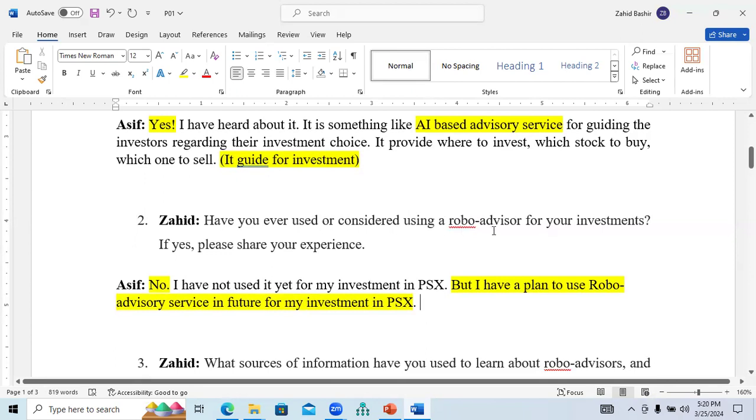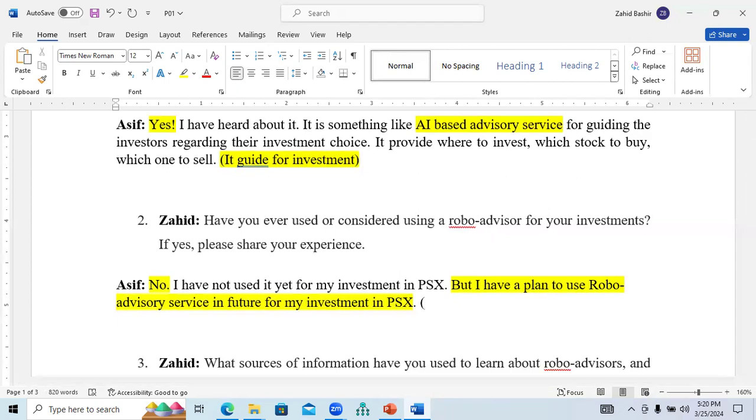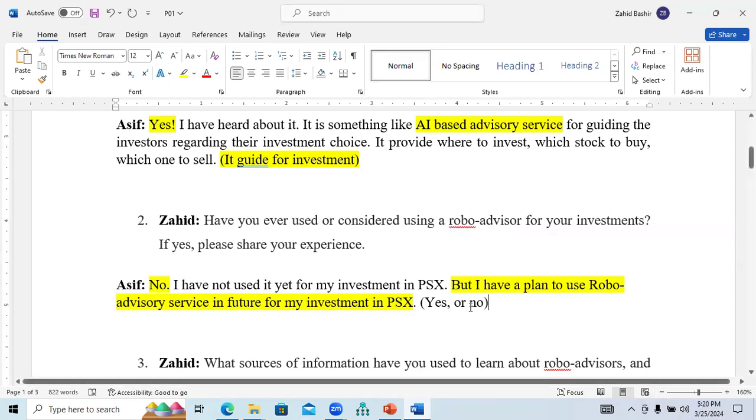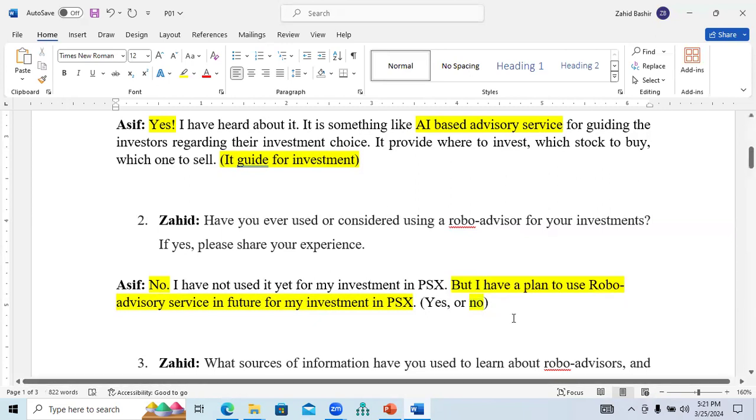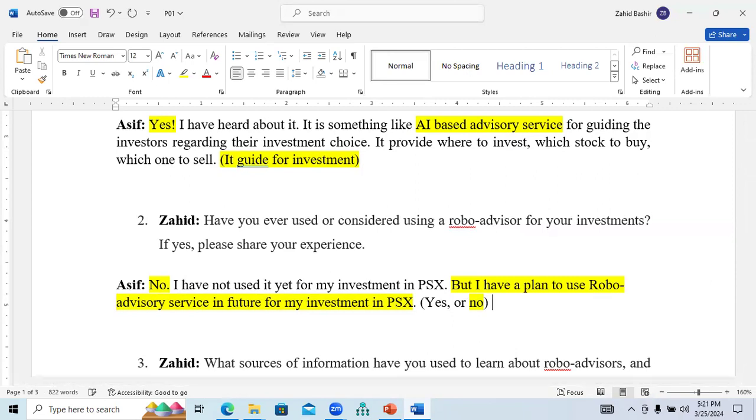He said no. The first thing is the response, yes or no, and he said no regarding this question. The other thing is that he has planned, or he may be a prospective user of this service, a prospective user of robo advisors.